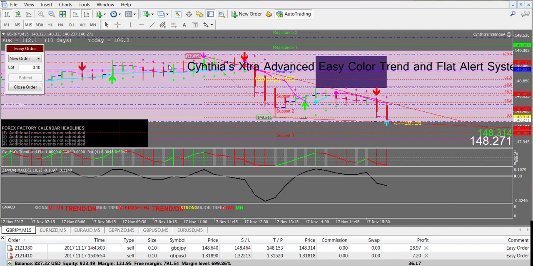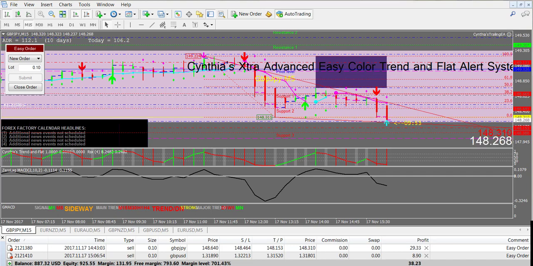But with this Xtra Advanced system, what it is is the alert. It's the audio pop-up alert, and we've removed all of the other audio pop-up alerts so that when you use this system, you're not going to get confused with a lot of other pop-up audio alerts. They've all been removed, which were in the advanced and basic system.